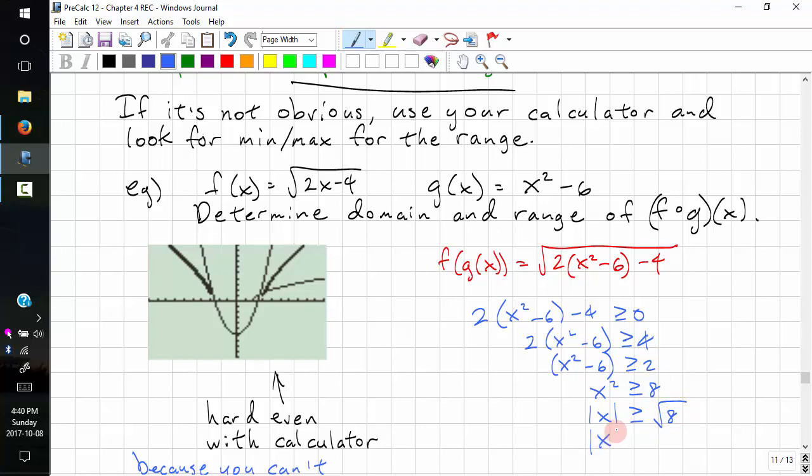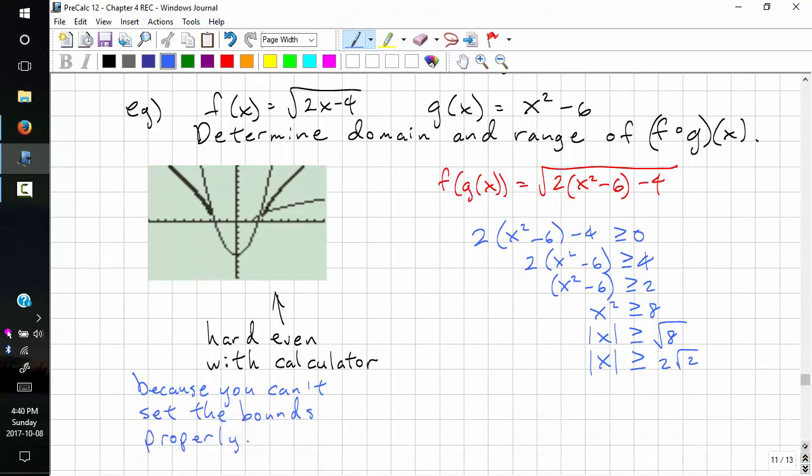We could also write 2 root 2. So now we can write out the domain. X is less than or equal to negative 2 root 2. That's this area. Or x is greater than or equal to 2 root 2.